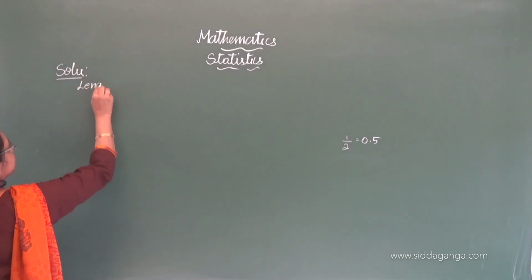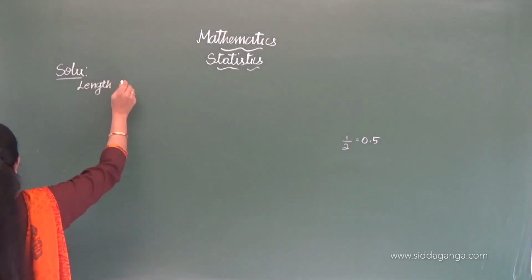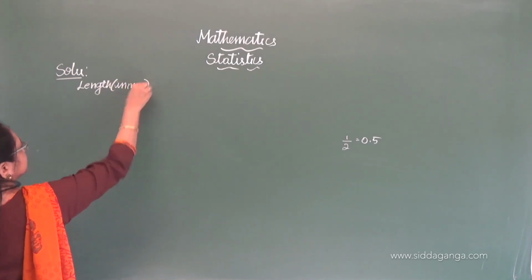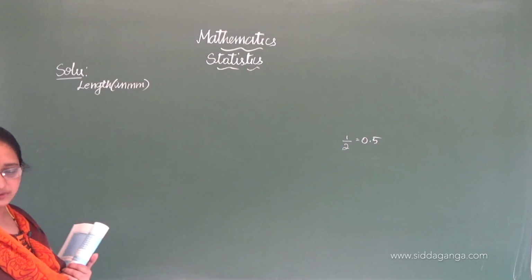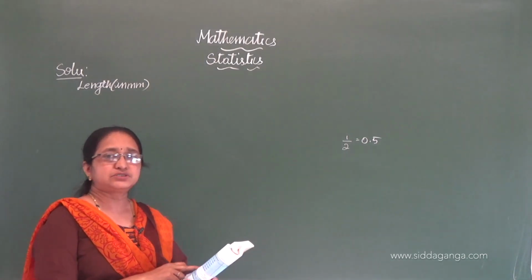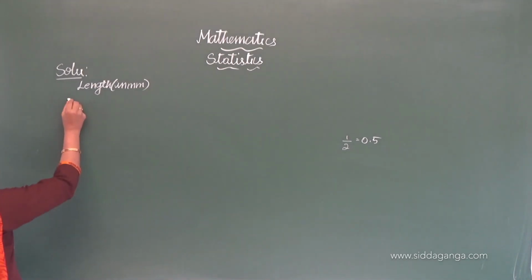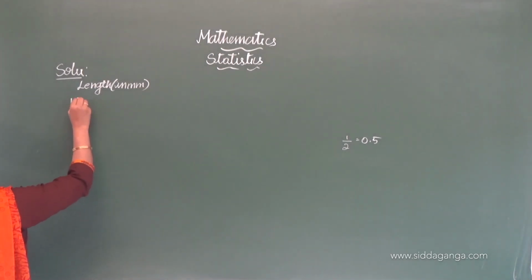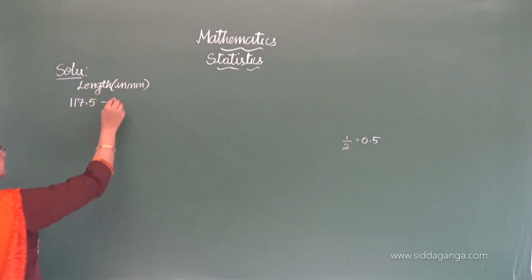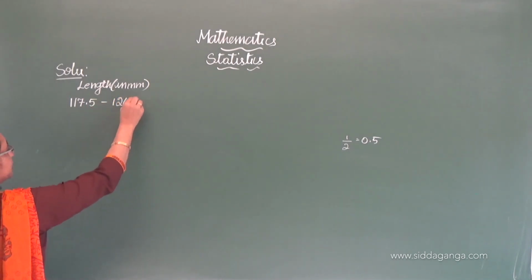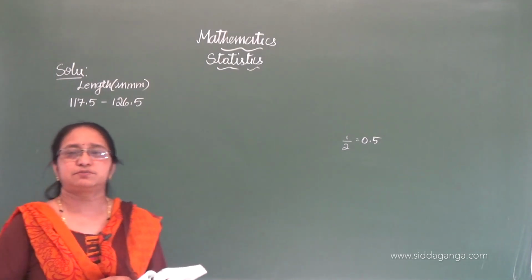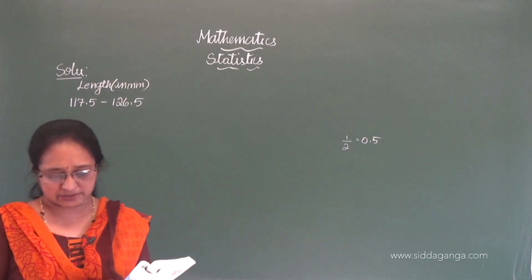This is length in millimeter. So I told you, you have to subtract 0.5 from 118. So it will be 117.5 to 126.5, and you have to add 0.5 to the upper limit.